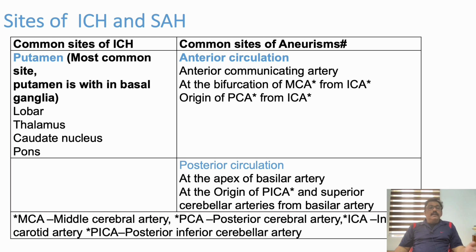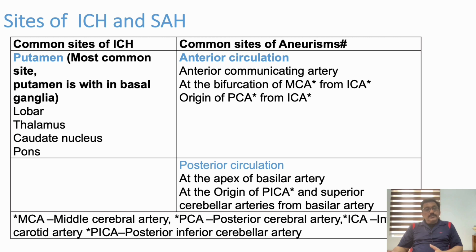But if you look at the bleeds in the anterior circulation and posterior circulation, the major difference is that the anterior brain parts are in a larger skull cavity. So even if there is a bleed, the brain will adjust. It may not produce much clinical finding.